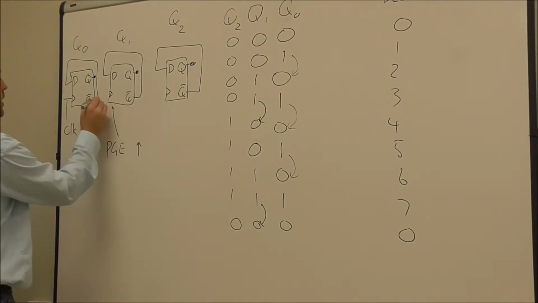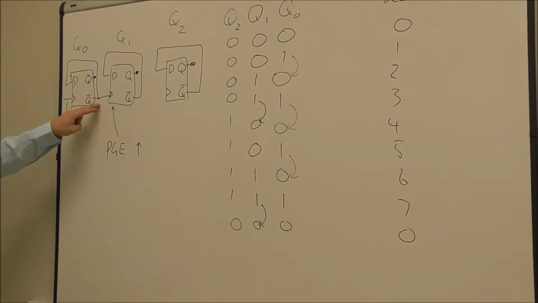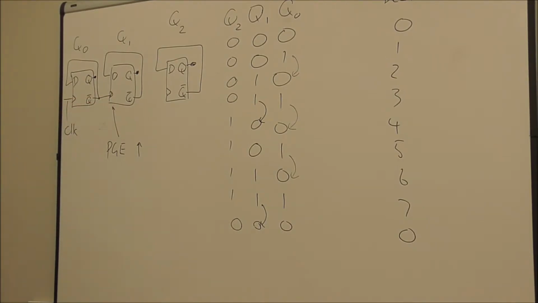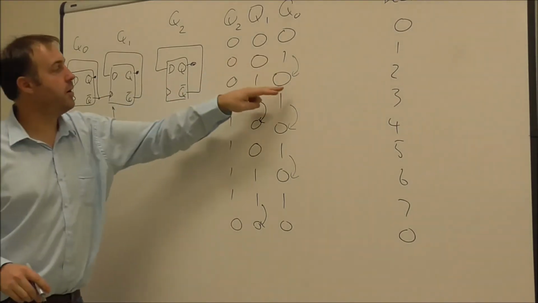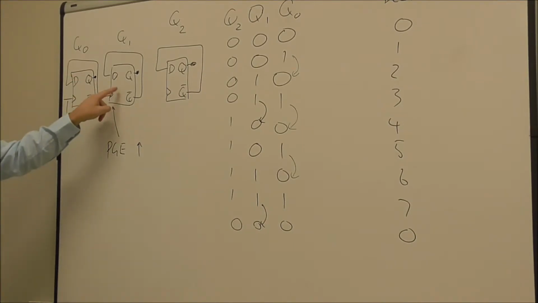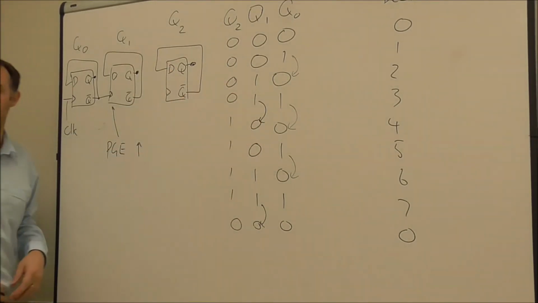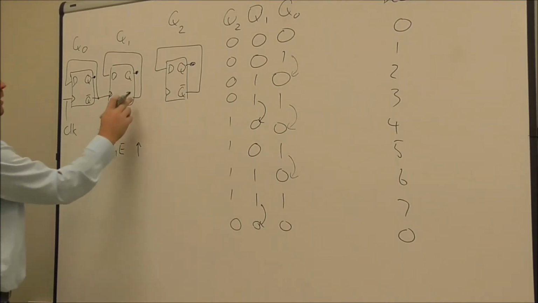So if I were to connect that clock pin there onto the Q bar of this first one, then when output Q0 goes from high to low, 1 to 0, Q bar goes from 0 to 1, which makes this thing change, which is what we want.